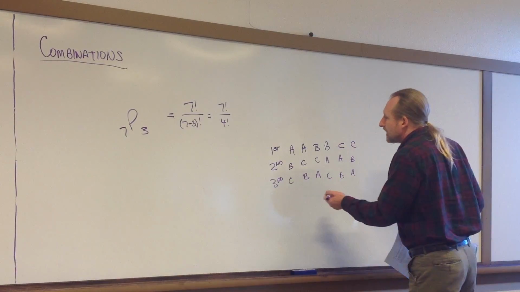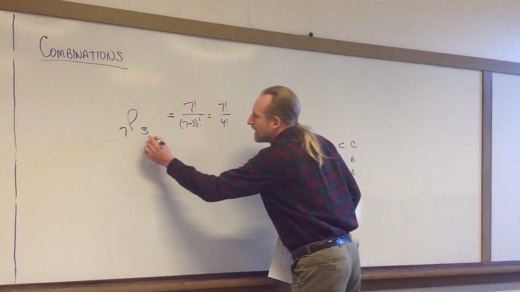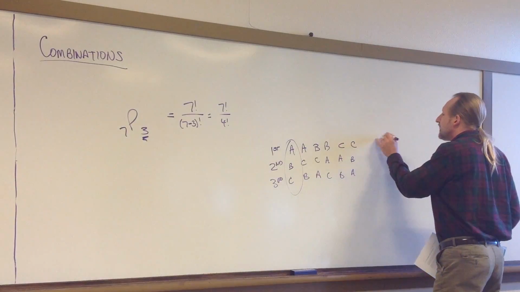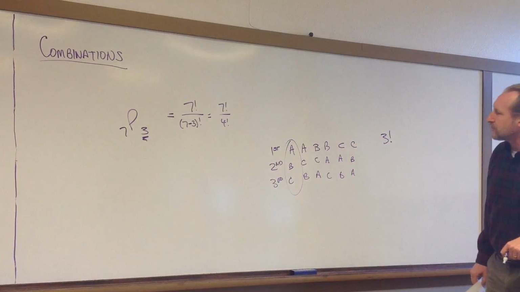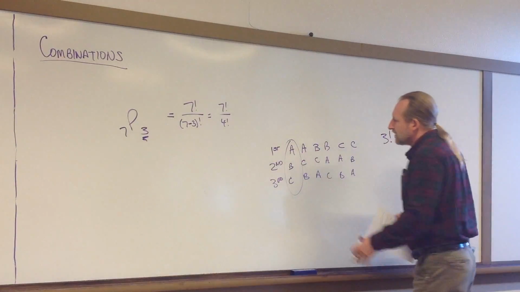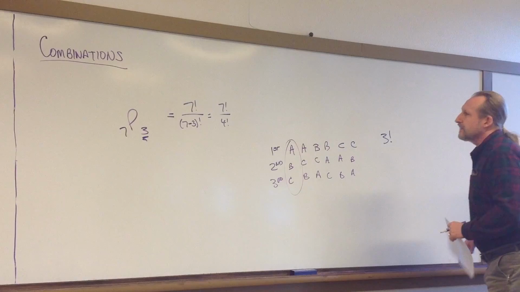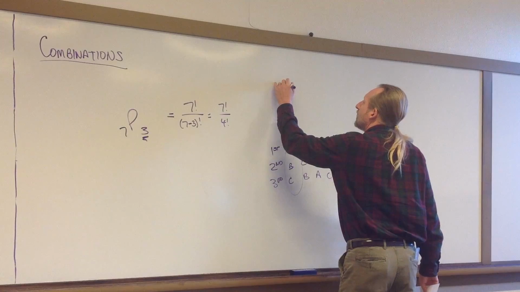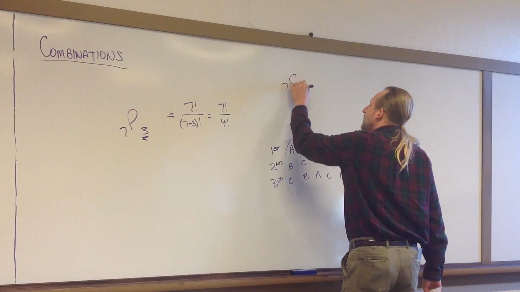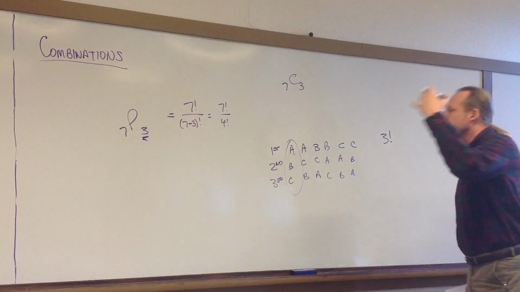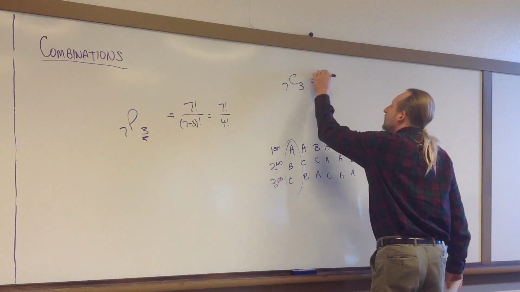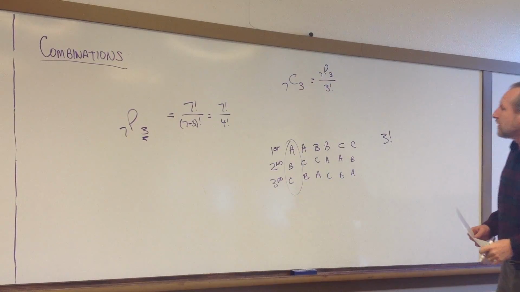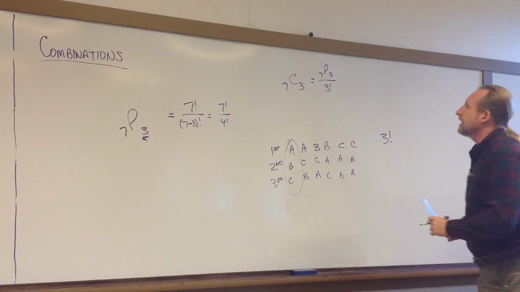And in fact, each group is going to be repeated as many times as you can switch these around, right? And so in a combination, if we were to just choose 3 people from a group of 7 and not assign them roles, not put them in any kind of order, we would take 7P3 and then divide out by 3 factorial to eliminate these repeats, okay?